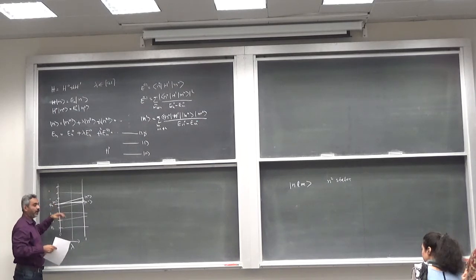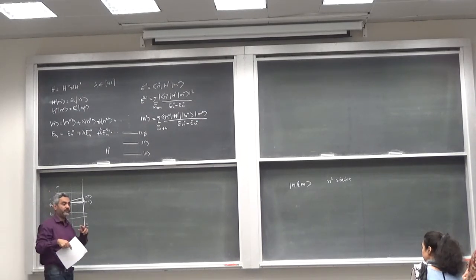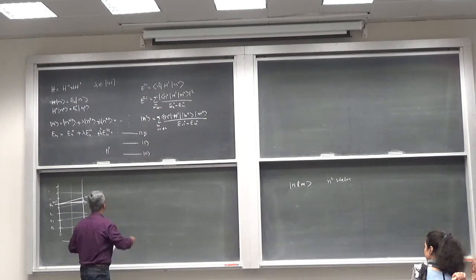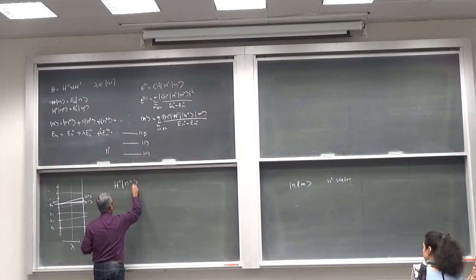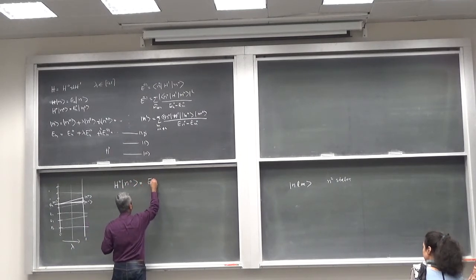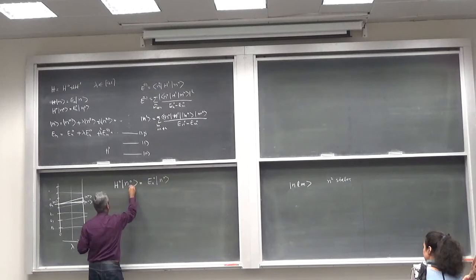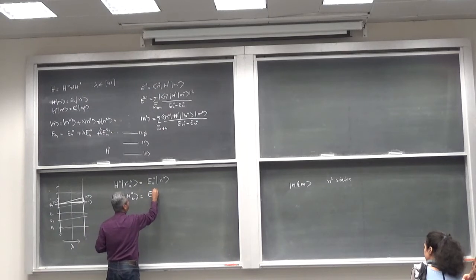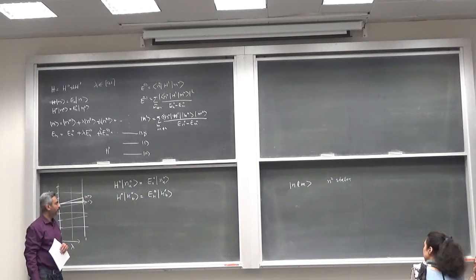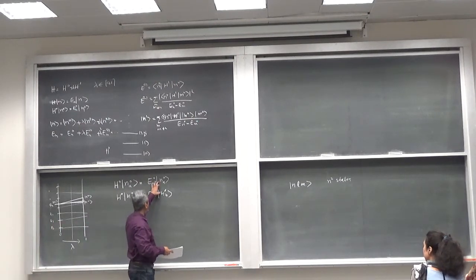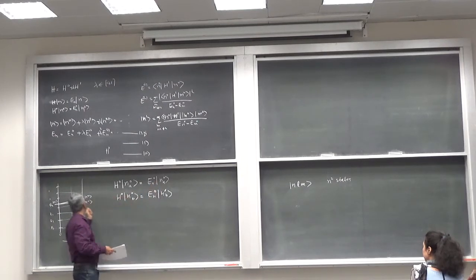The whole space spanned by the two vectors is degenerate. What two vectors am I talking about? Let's say that n_a is E_n^0, and then there is another state, n_b, which also has the same energy. And so the space spanned by these two states is going to be the degenerate space here.